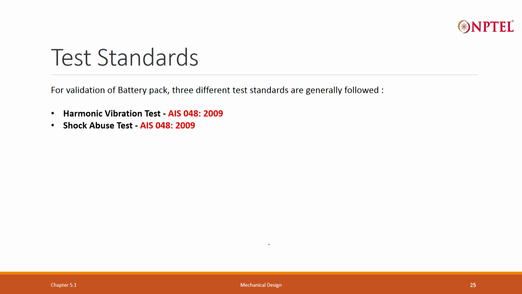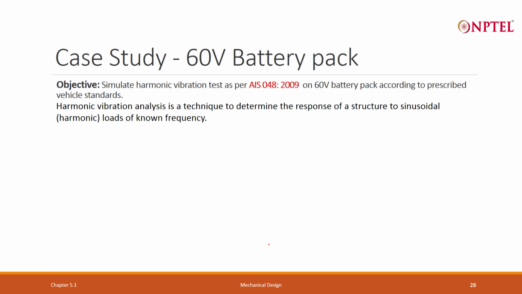The second uses the same standard, AIS 048 2009, for the shock abuse test, and for random vibration we mostly use SAE J2380 in India. If we are able to pass these 3 test standards, we can get the certification that our battery pack is good enough to move on the road mechanically.